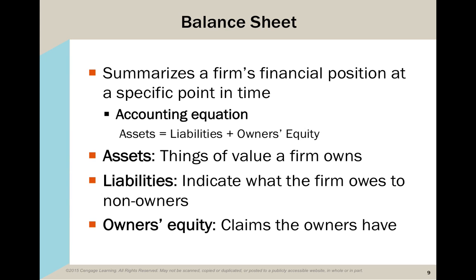Anything that has a value is considered an asset. Liabilities are what a firm owes to non-owners, so any loans that have been taken out from a bank. And then you have owner's equity, which is the claims that the owners may have. So if an owner were to want to leave the company, it's how much that owner would be paid. So liabilities plus owner's equity is equal to assets.